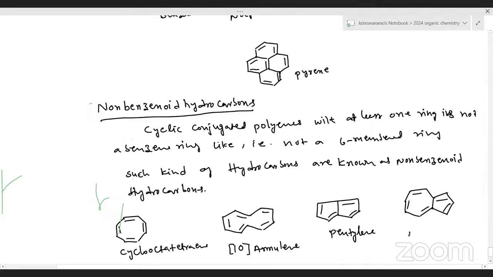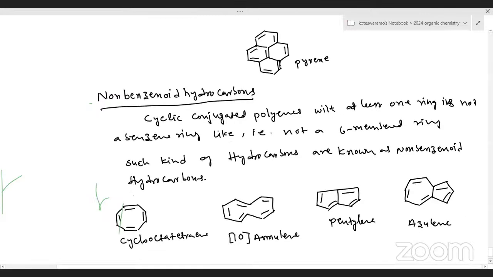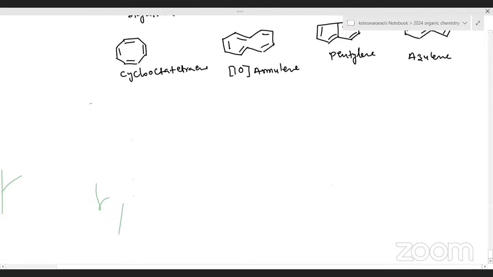This is called azulene. Now all these are non-benzenoid hydrocarbons. These are all examples of the non-benzenoid hydrocarbons.